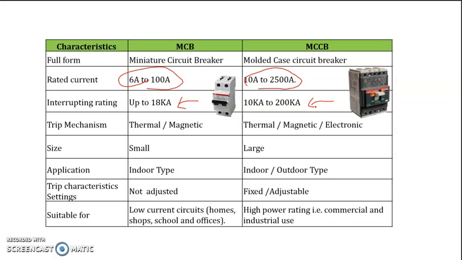Size, you have already seen the difference. MCCBs can be used outdoors, and the trip characteristics are adjustable when compared to an MCB. Basically, MCCBs are utilized for commercial and industrial purposes, and in domestic purposes where a higher amount of power consumption is there.